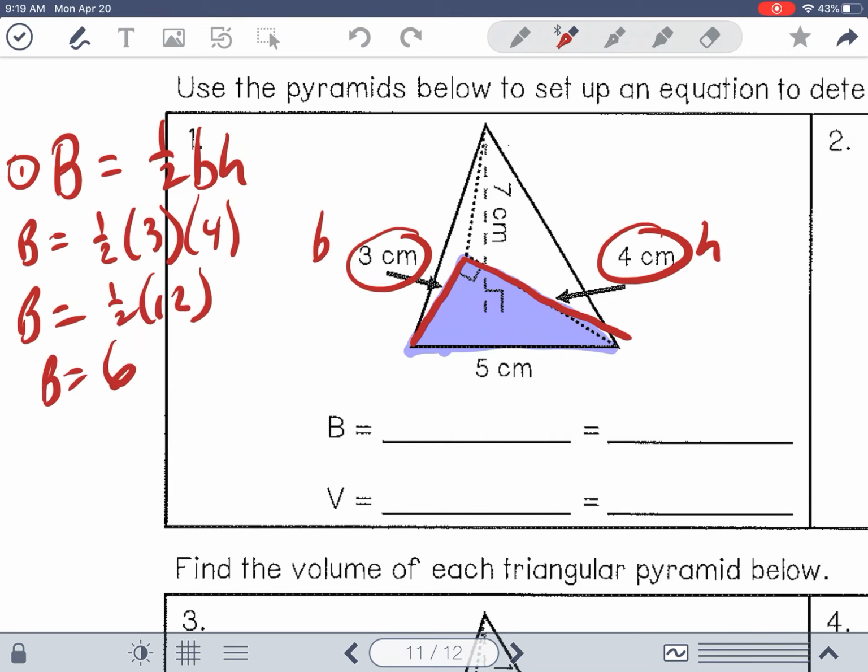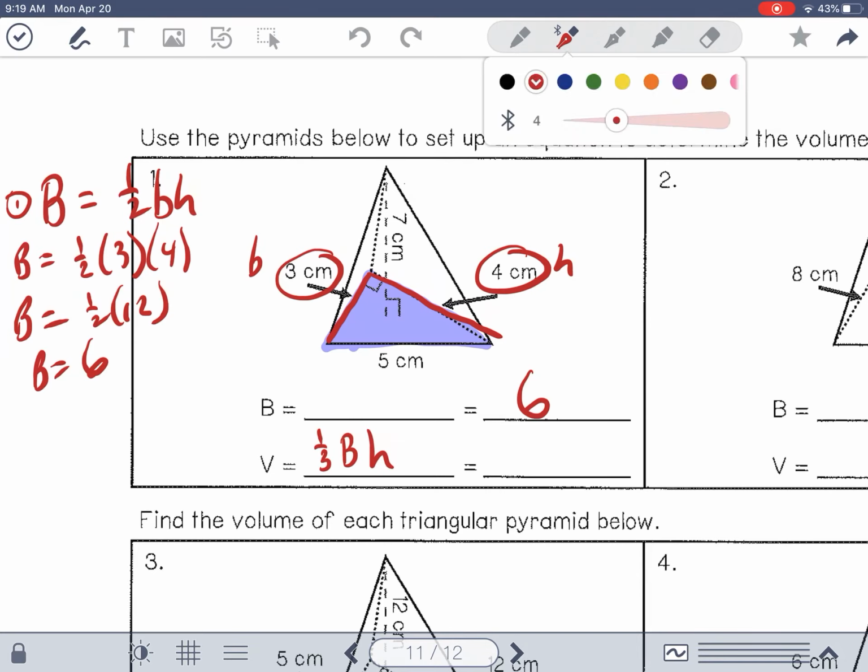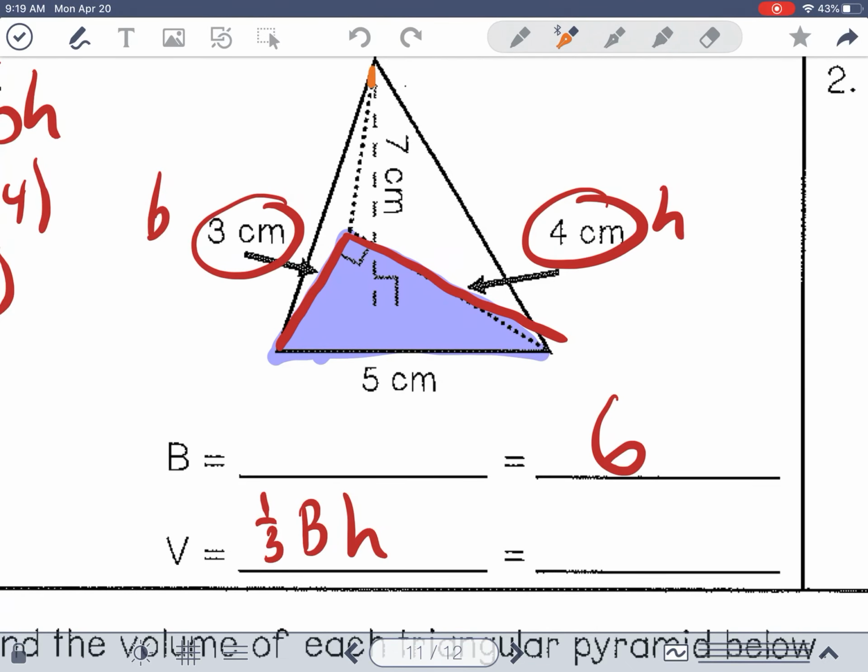Big B is equal to 6. But the volume is 1/3 of big B times H. Finally, the H, the height of the pyramid, reaches down to the base. So that's the height of the pyramid.